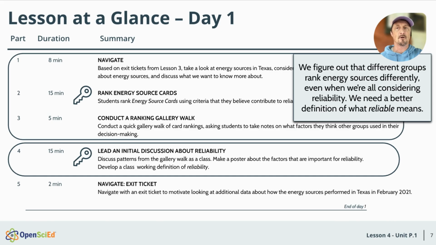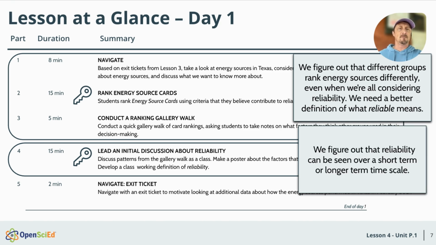So we come together as a class to discuss what reliability means when we consider all the factors that various groups considered. And we see that it's useful to think about reliability at different timescales. A source that's reliable day to day may not be reliable over generations and vice versa.